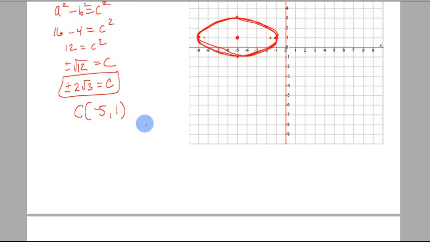My foci are negative 5 plus or minus 2 square roots of 3 comma 1, because they're both up 1, right? They're both here up 1 and there up 1. If you want to write them separately, you write negative 5 plus 2 square roots of 3, negative 5 minus 2 square roots of 3. Okay, so there's the foci. I think you can get the vertices just by looking at where they are.